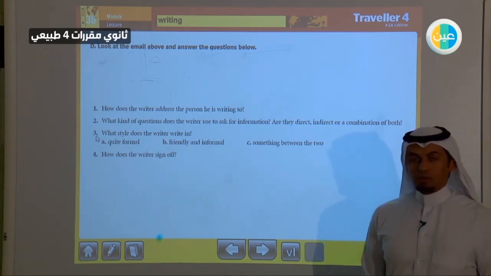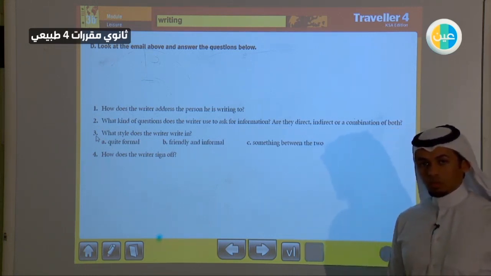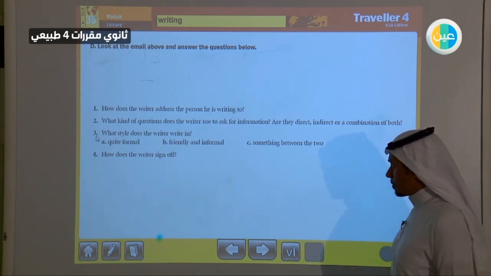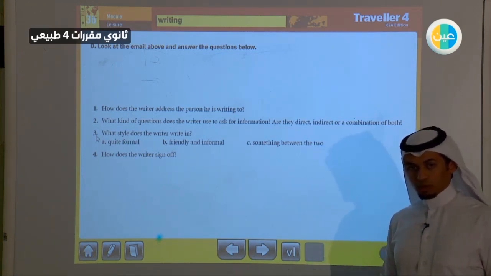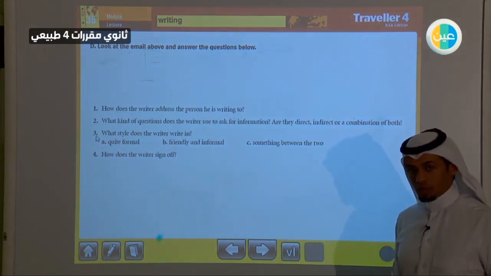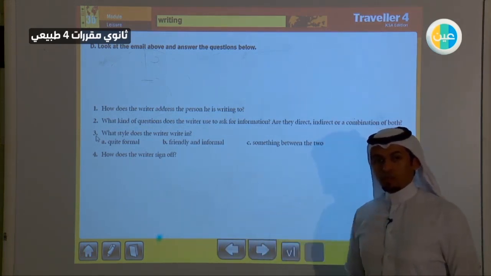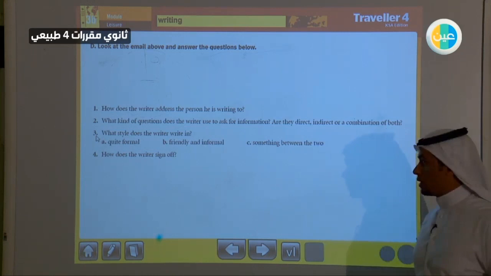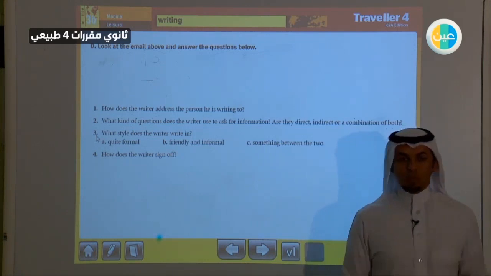But informal letters are when you write to someone you know, a best friend or a brother or a family member. But semi-formal is something in between. You write to someone who you know, but you don't know very well. For example, Faisal knows that Mr. Nizar is the president of the English club, but he doesn't know him very well. So this is something between the two. It is semi-formal.